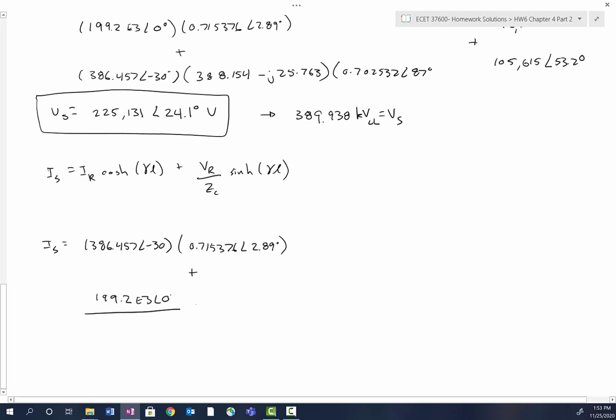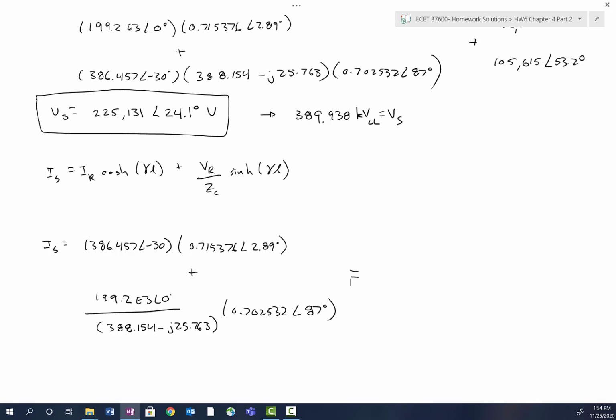Need to divide that voltage by the characteristic impedance of the transmission line, 388.154 minus j 25.763. I then need to multiply that by the sinh term that I calculated previously, 0.702532 angle 87 degrees. So do those calculations.